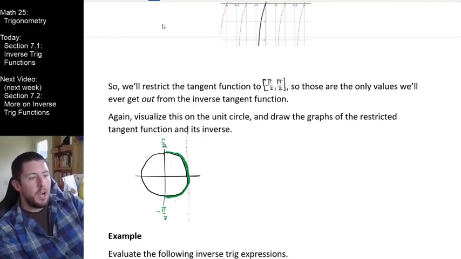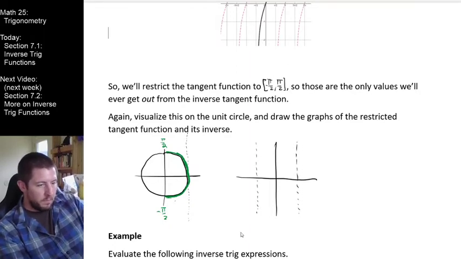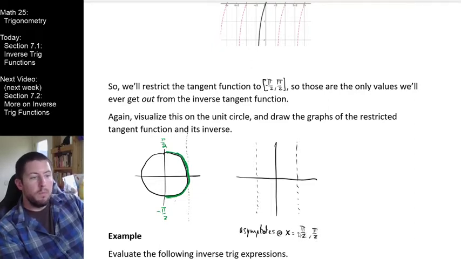When we go to graph just our one period of tangent, those are our asymptotes. Ooh, notice one small difference, I made a tiny mistake here, by the way.